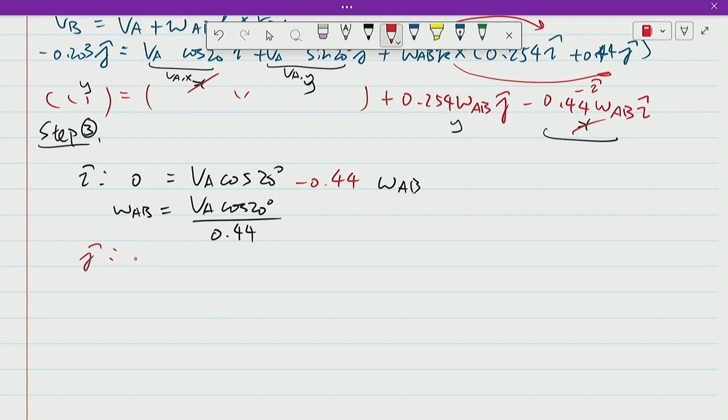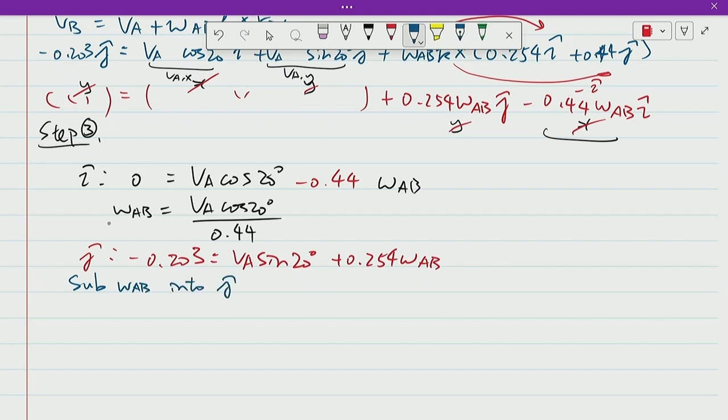Then for the J direction, we have negative 0.203 on the left, VA sine 20 degrees on the right, plus 0.254 omega AB. We've got 3 terms, cancels out. And you can sub our omega AB expression into our new J equation.